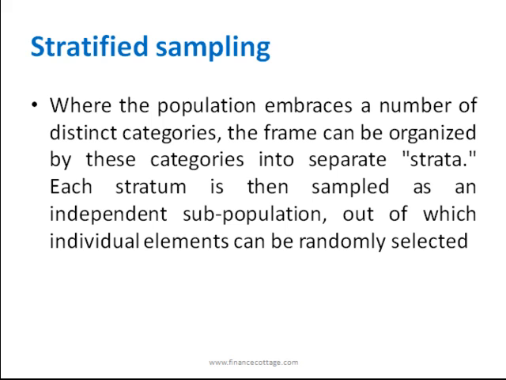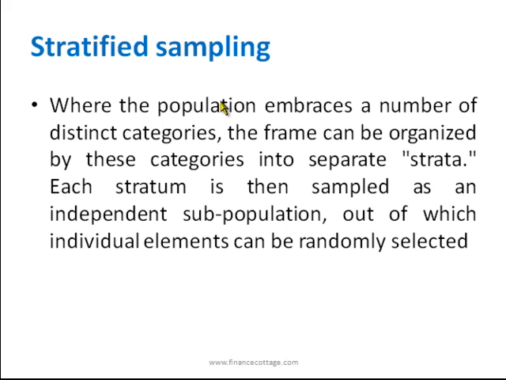Another method is stratified sampling. This is based on the concept of strata. Stratified sampling is adopted where the population embraces a number of distinct categories. The frame can be organized by these categories into separate strata. For example, in a business department, there are students doing different specializations. Certain students are doing specializations in finance, some others in management or in some other area.